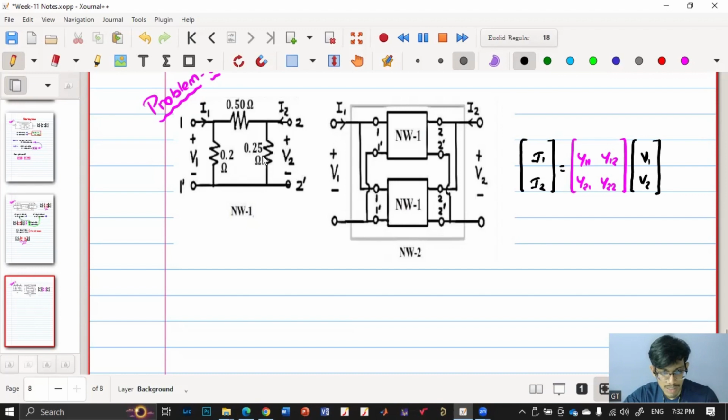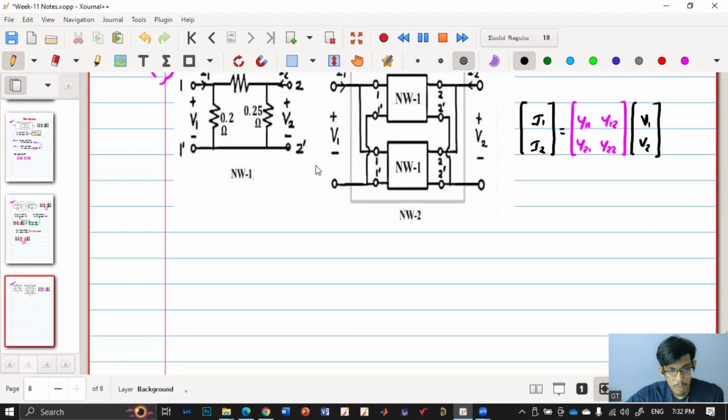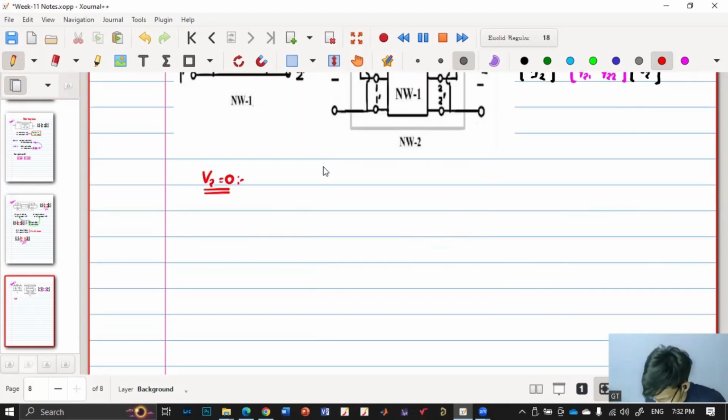So this will get short circuited, as if I can remove 0.25. So the network will become something like this: 0.2 followed by 0.5. What we are basically doing is making V2 to be 0. So now my network is 0.2 and 0.5.